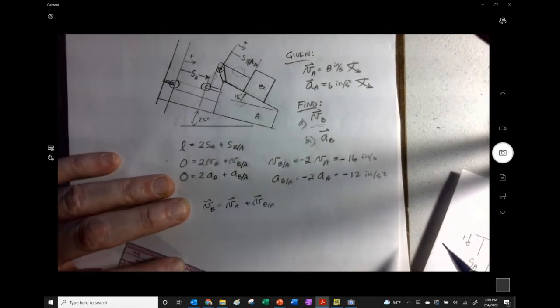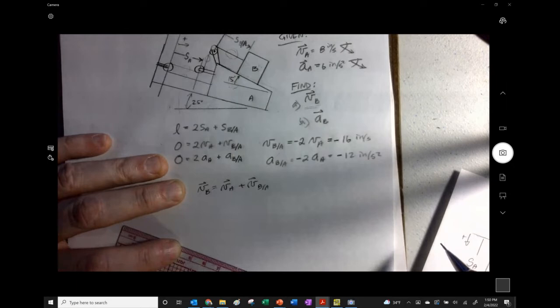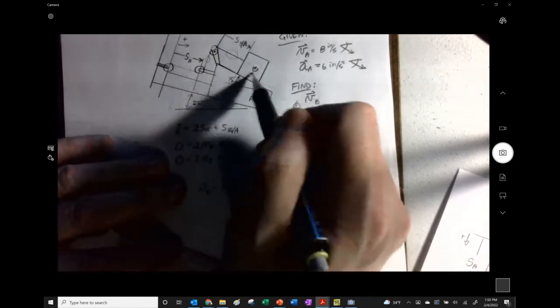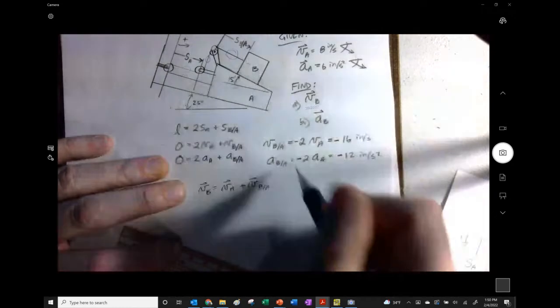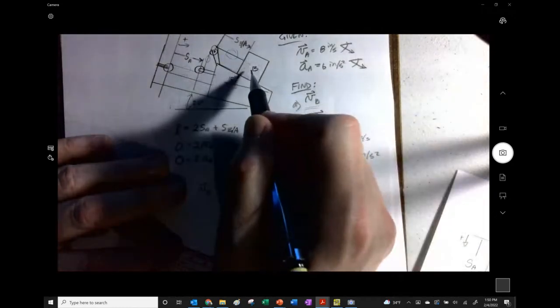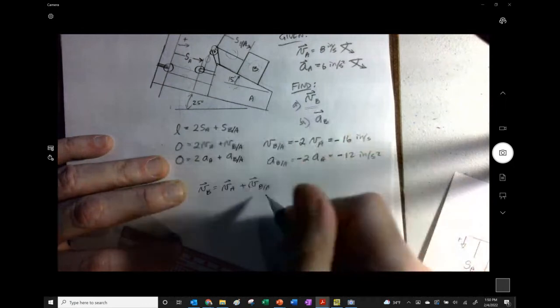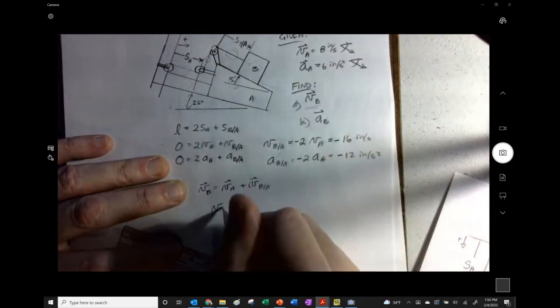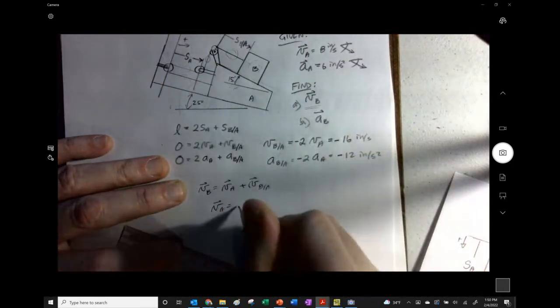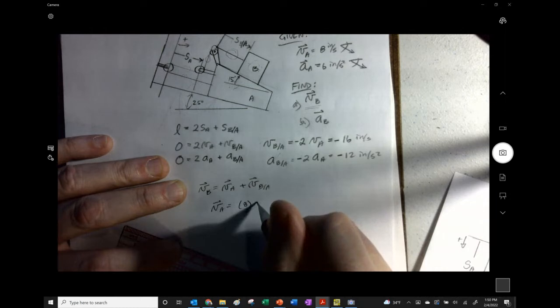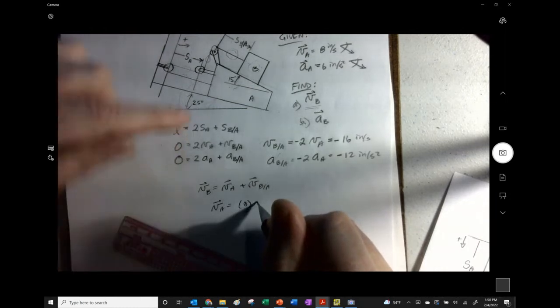And now I have to start thinking a little bit harder here. The relative motion, well, the motion of A, right? So we could write out V of A is going to be equal to 8, and then write it's going to the left, right?